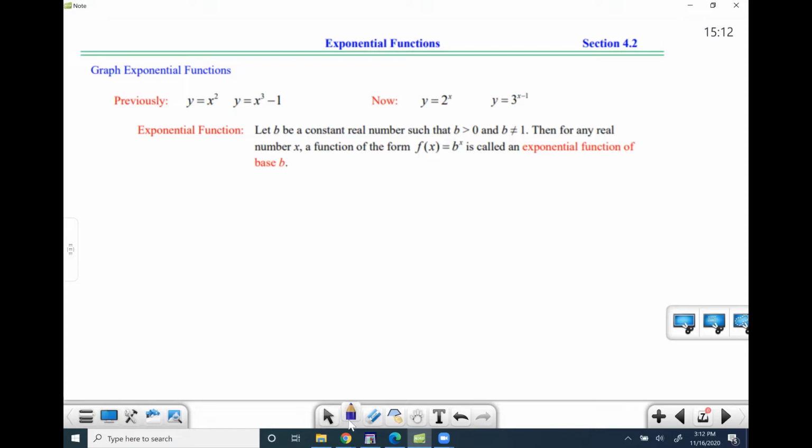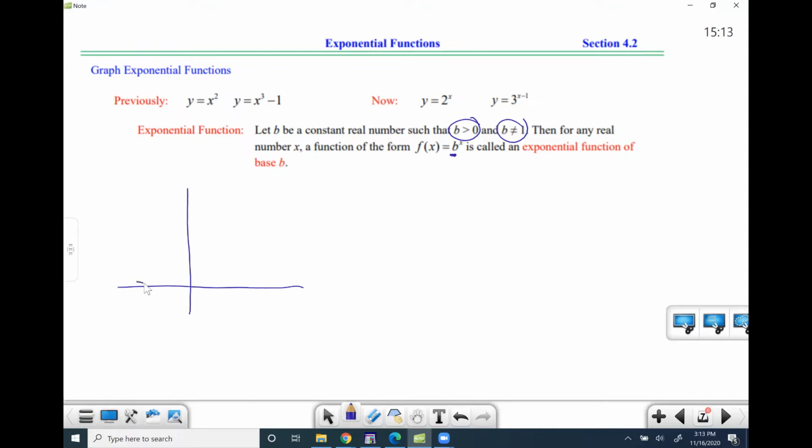We want to make sure that the base, this number down here in the bottom, is positive and not 1. The reason why we want it to be positive is because we're trying to get these two graphs out.